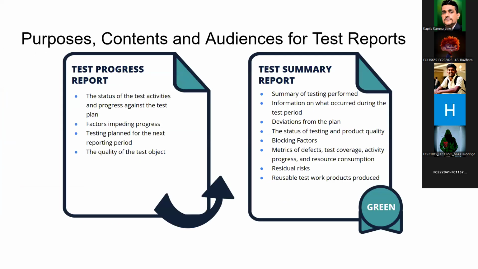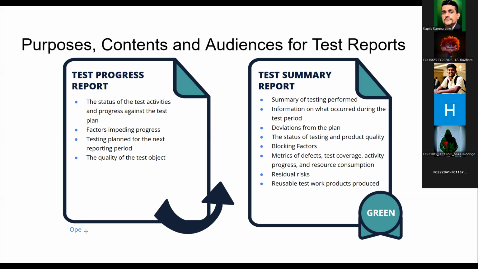So the next thing is you need to clearly inform what type of reports we are going to use for reporting. Right? Basically, in reporting, we have three different types of people. One is operations people, operational.